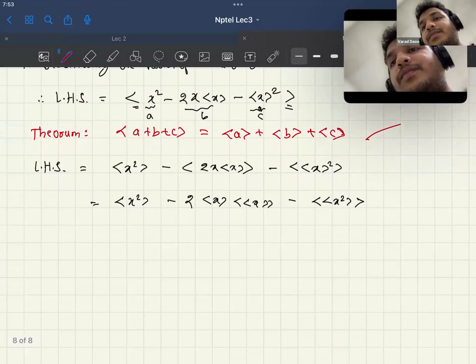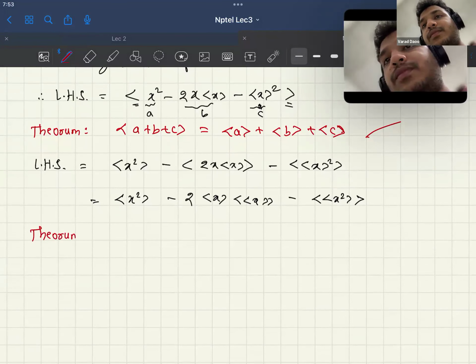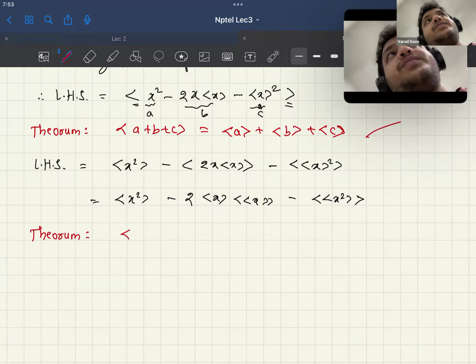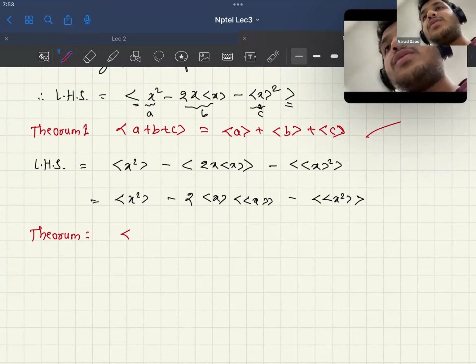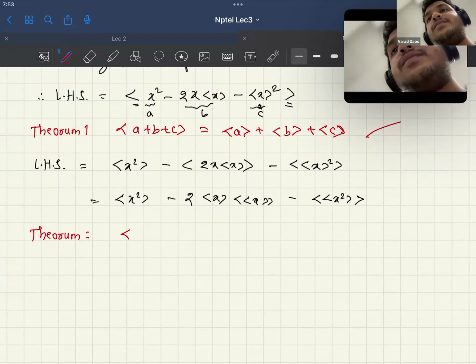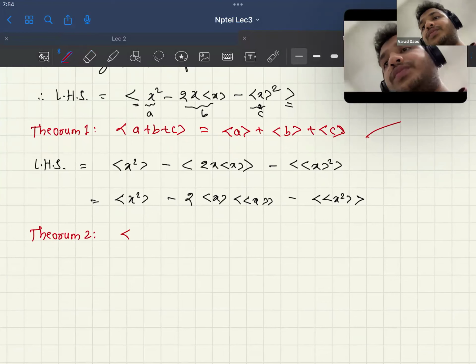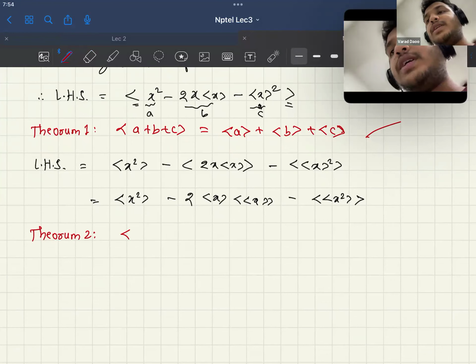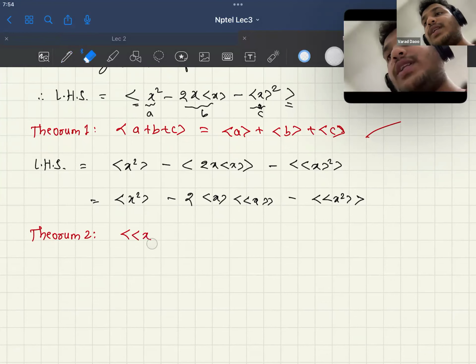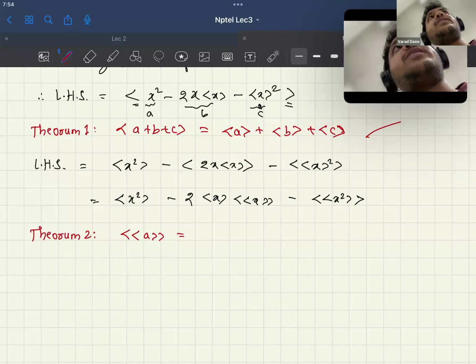which tells that, so basically this is theorem number 1, this is theorem number 2, which tells you that average of some quantity, let's say a, is nothing but a itself.